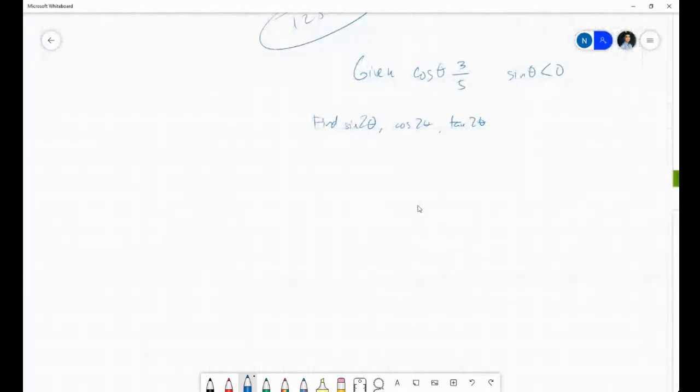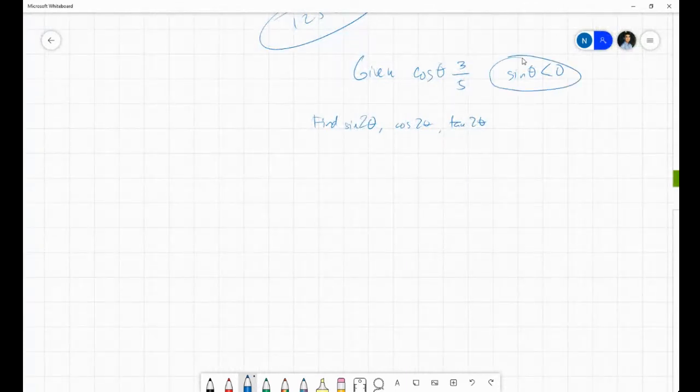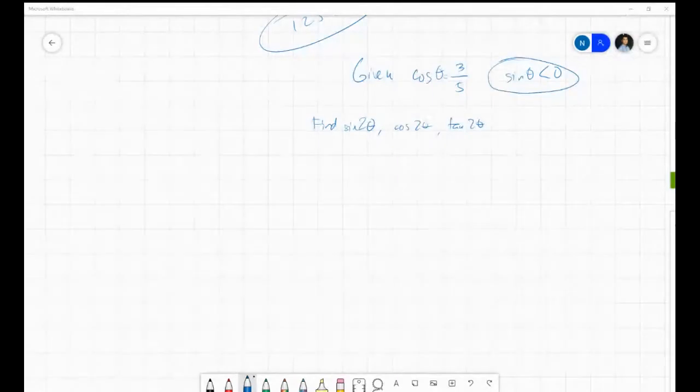Okay. Now, why is it important that I need to know this? Anyone? Mai? Why do I have to know that sine theta is less than 0?